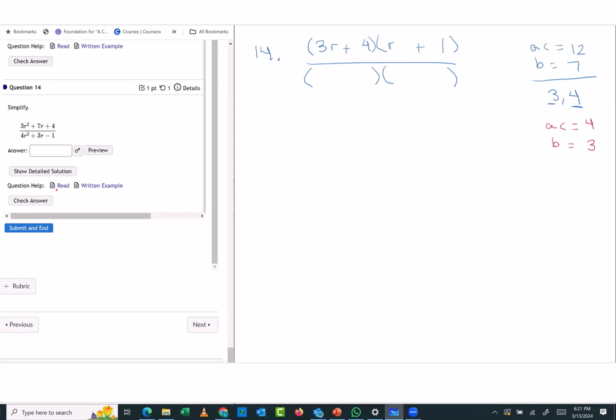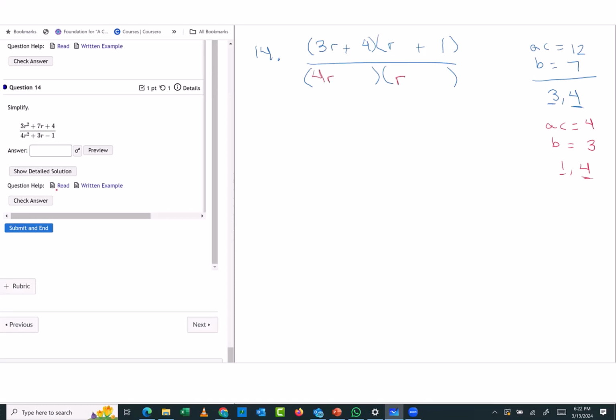That means I've got to multiply 1 times 4 to get 4, because 4 minus 1 is 3. If I do 2 and 2, it's either going to be 0 or 4. That won't work. These are my two factors. One of them has to be 4r, and one of them has to be r.